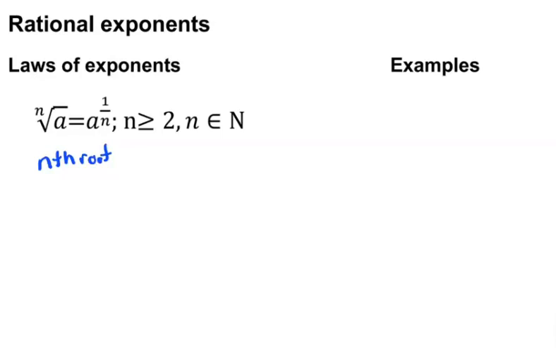It doesn't make sense to have n less than 2 because for a square root, we write it like that, and we don't write a 2, we just assume that there's a 2 there. So we don't write a 2, we just write the square root like that.